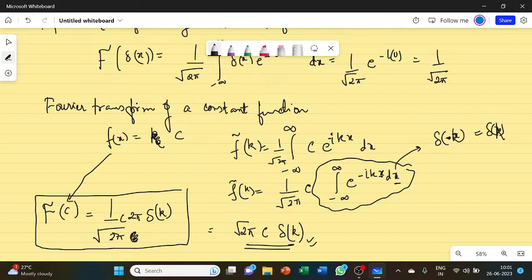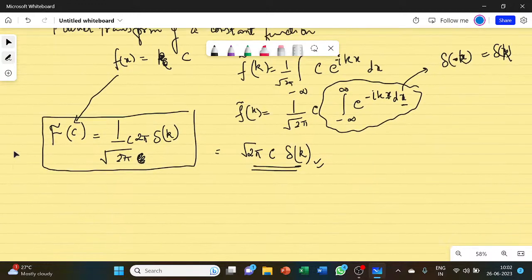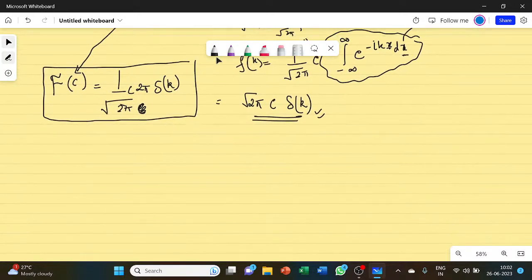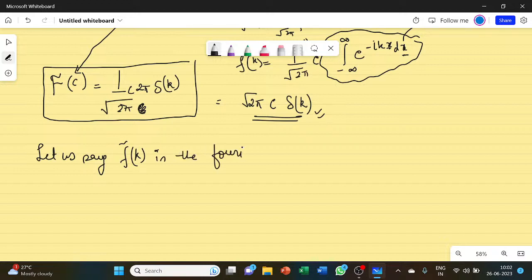Okay, now you see, so now let us say that f tilde k is the Fourier transform of f of x.